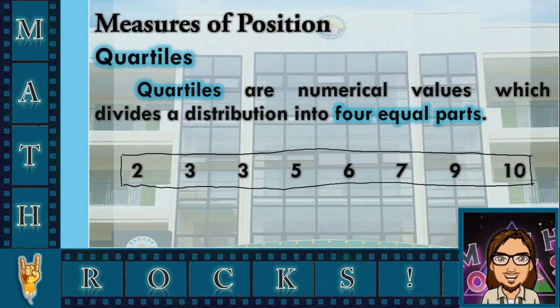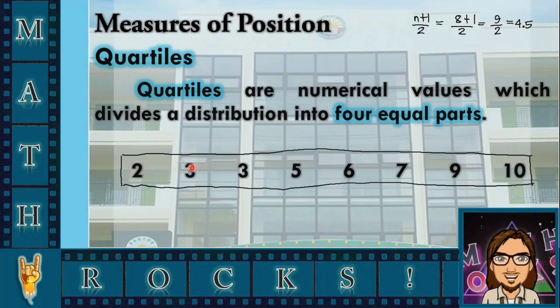The index is given by n plus 1 over 2. Since we have 8 observations, we have 8 plus 1 over 2, which is 9 over 2, or 4.5. That means your median is located halfway between the fourth and fifth observation because we have a decimal point.